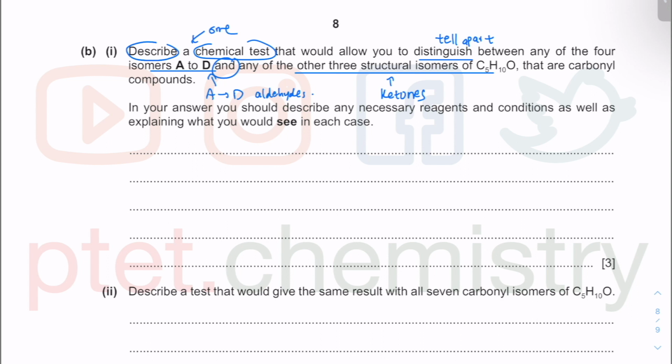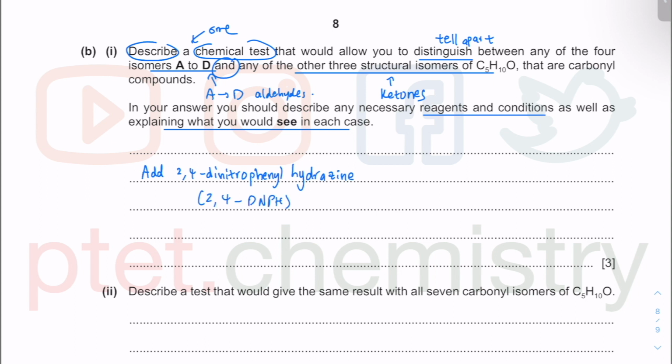And in your answer, you should describe any reagents and conditions, as well as explaining what you will see in each case. Well, the simplest reagent I can think of is add 2,4-dinitrophenylhydrazine. Some students are petrified by this spelling because it looks really long.